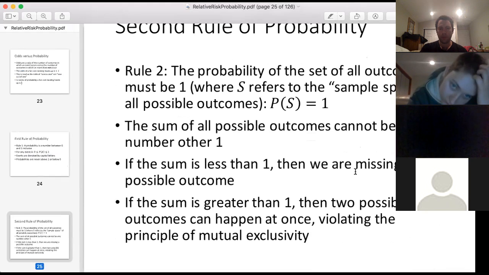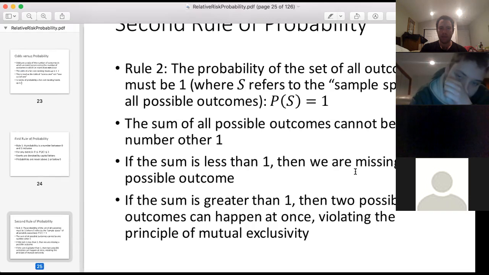The second rule of probability is that the probability of the set of all outcomes must be 1, where S refers to the sample space of all possible outcomes. So all the possibilities have to add up to 1. We can't calculate a probability if we say that it adds up to 2 or something. That's not the convention of calculating probability. So for the purpose of calculating, we have to make it equal to 1.